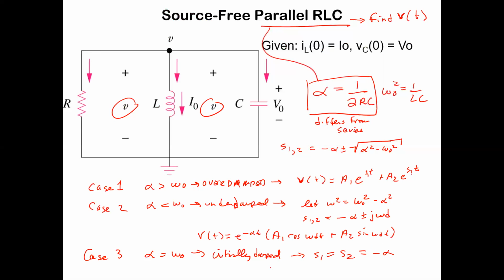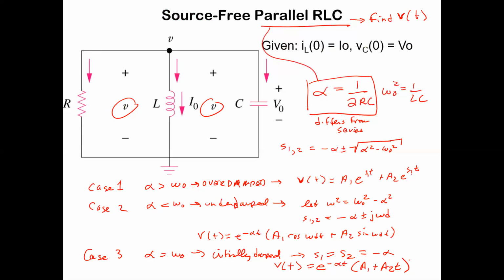And that's when the solution is that v of t equals e to the minus alpha t times a1 plus a2 t. Okay, so we knocked that out pretty fast, right? People do the other ones that way too.